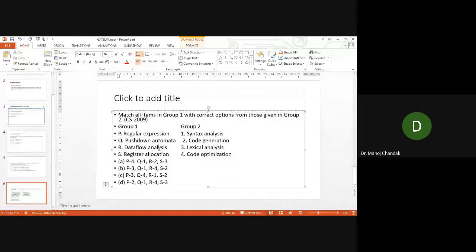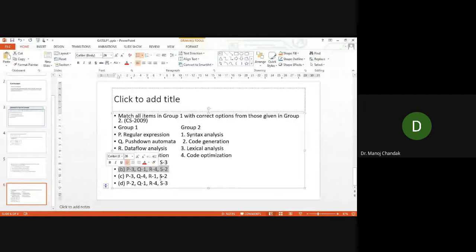And data flow analysis for what? Code optimization, and register allocation for code generation. So choice B is correct. So this way you get questions on match the following.